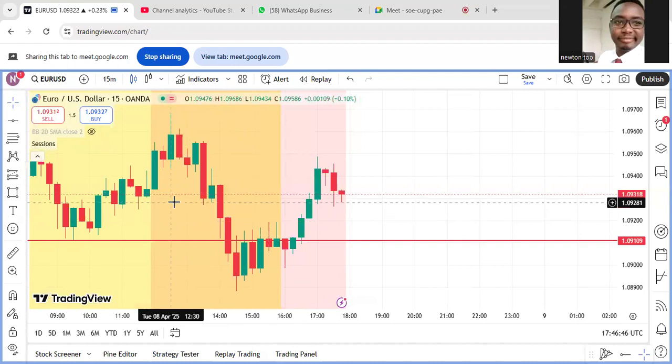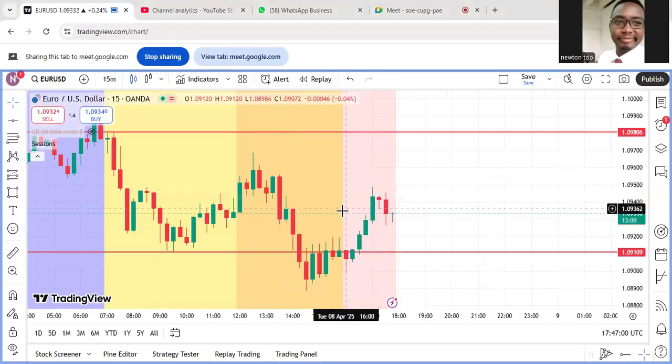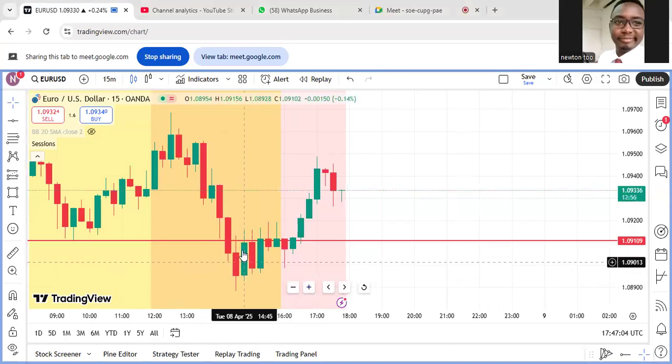For me, I don't trade Euro USD. I trade GBPUSD and gold, and sometimes USDJPY. You can see the market came down to the low of Asia and gave us a W pattern here.